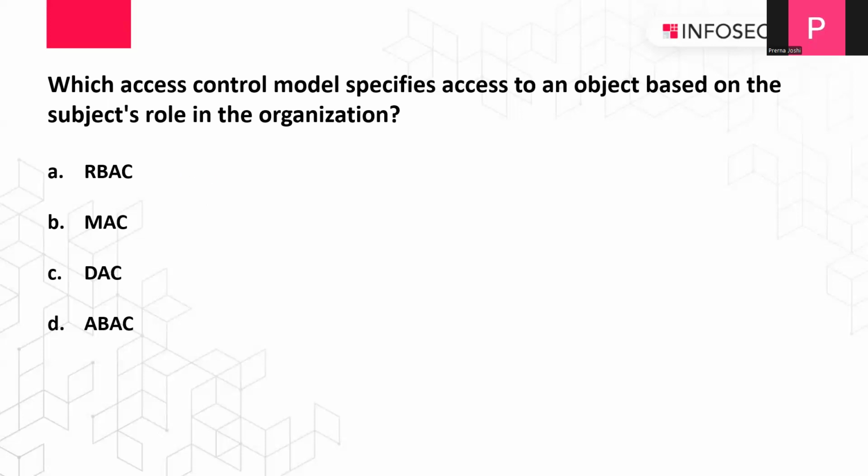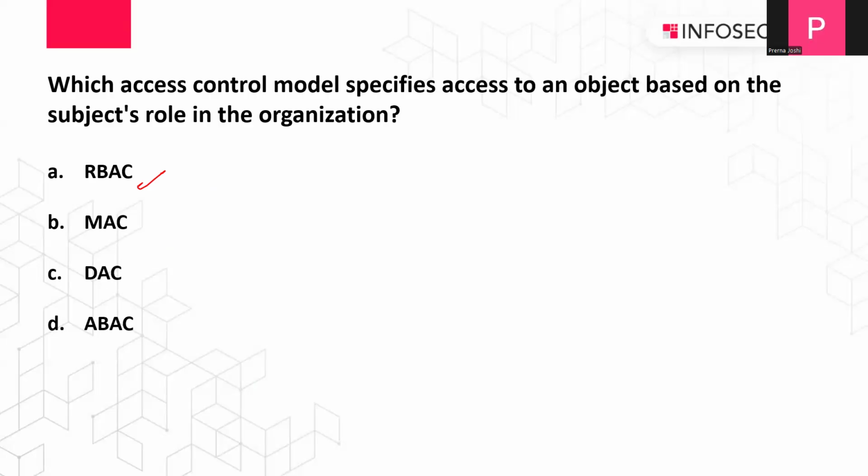So here we have different types of access control, right? The first one we see here is role-based access control. So role-based access control is what? Here the access is granted based on the roles which are assigned to the user. That means permissions are associated with job functions, not the individuals, right?